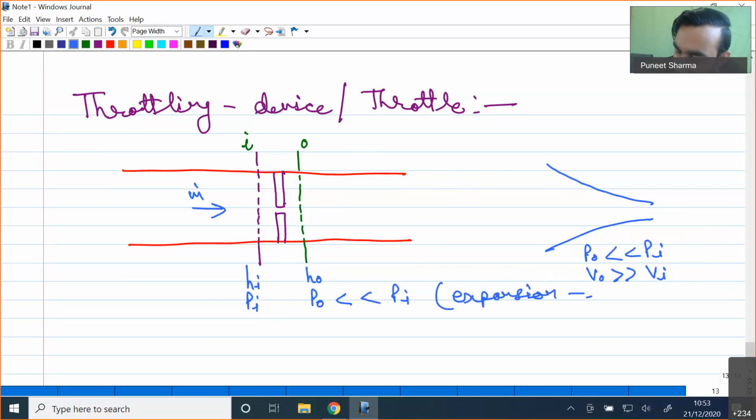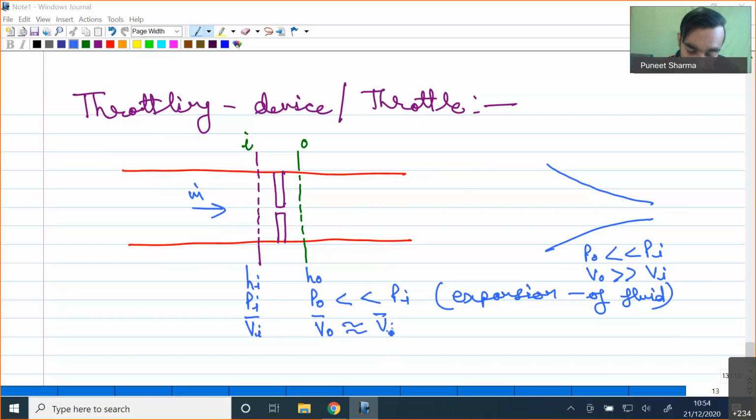If we have a significant drop in the pressure, we say that expansion of the fluid is happening. We will have expansion of fluid, meaning a significant drop of pressure, but we will not have an increase of velocity. So if Vi was the velocity at the inlet and Vo is the velocity at the outlet, our Vo will be nearly equal to Vi. Though we have a significant drop of pressure, that drop has not caused much change in our velocity.